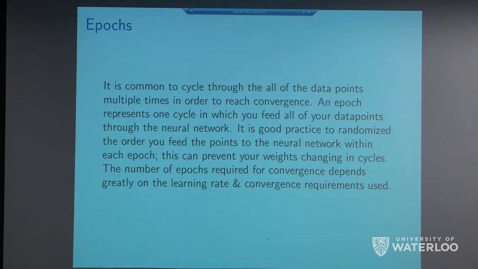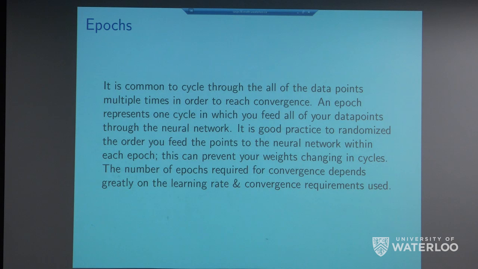So usually what we do is start from the first data point and go to the last one, and then start again. So we have to go through all of the inputs in many cycles until the algorithm converges.